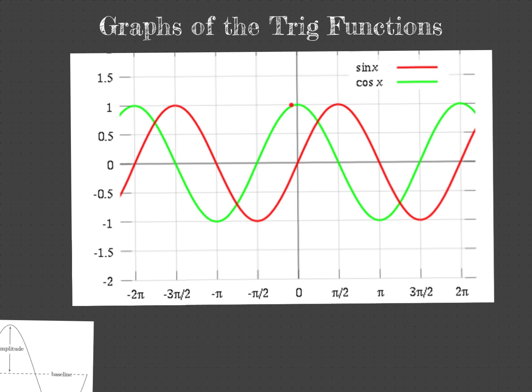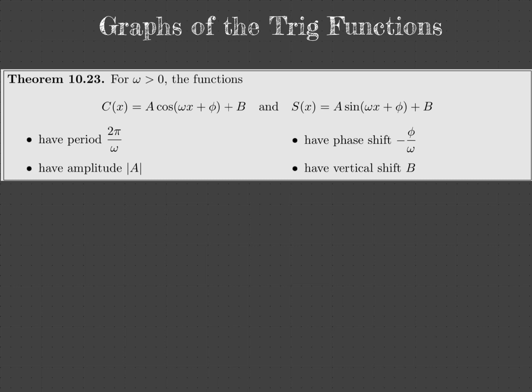Well, if we moved this point on the cosine curve over pi over 2 units, and we did that with all the points on the cosine curve, it would lie flat on top of the sine curve. And we can see that the cosine and sine are really just a phase shift of pi over 2 units apart from one another. We just talked about amplitude, period, and phase shift.